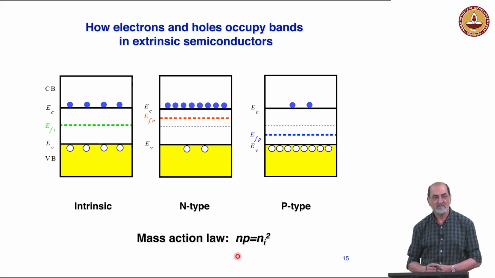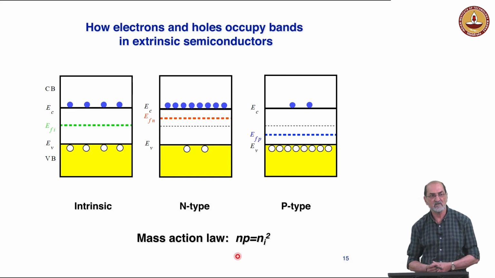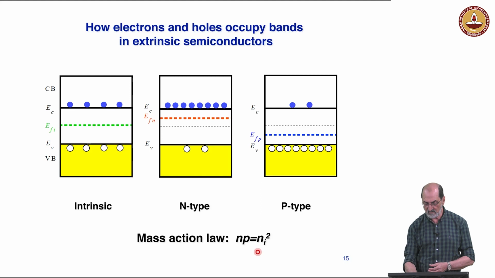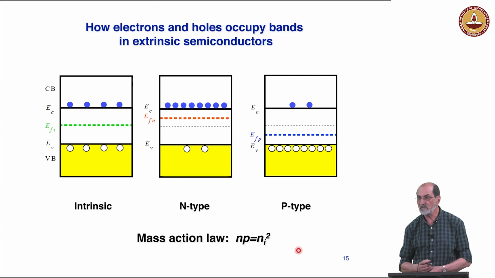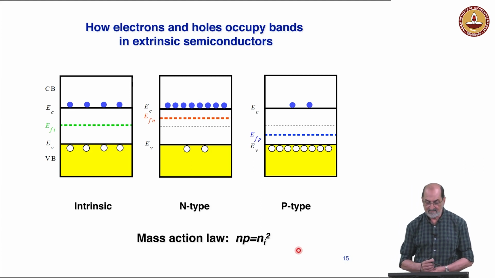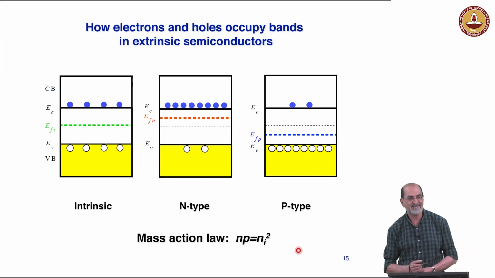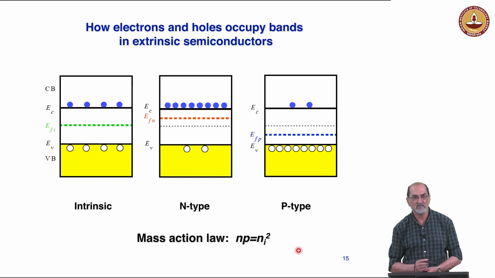But the density of electrons and holes in an intrinsic semiconductor were the same. So that's why I can write the density of electrons squared. Yeah, it could be also p_i squared, or n_i times p_i. But it's constant. This thing is called the mass action law, the law of mass action in semiconductors.